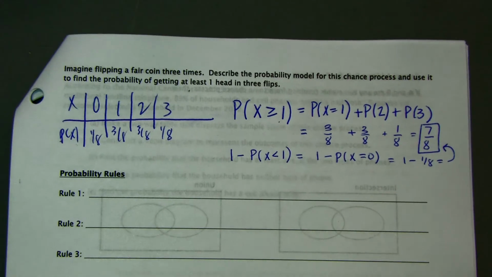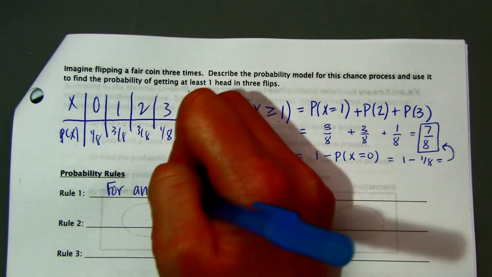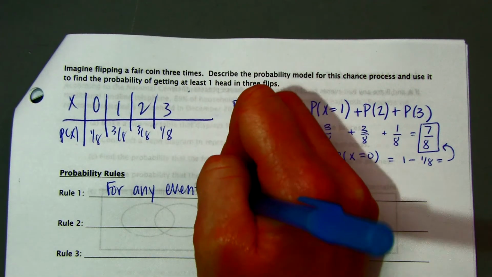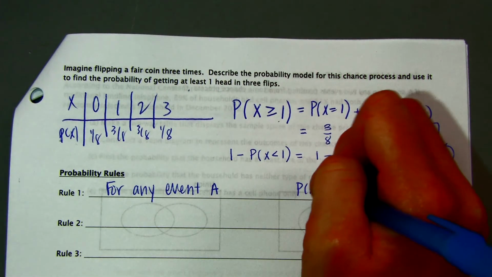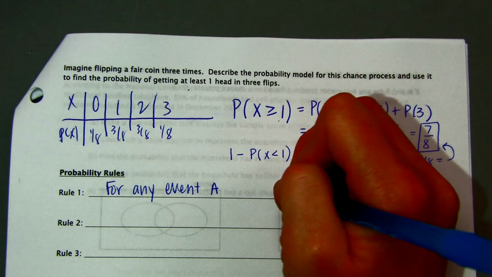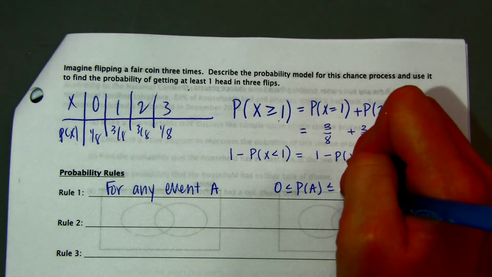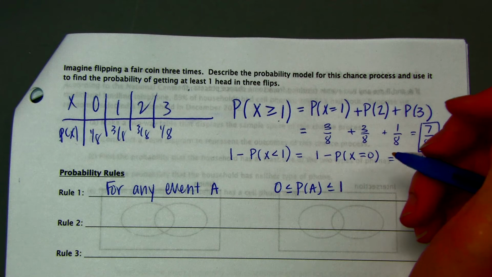So rule number 1 says for any event A, the probability of A lives between a specific range of values. So the smallest probability is 0, meaning it never happens, and the largest probability 1, meaning that it always happens.